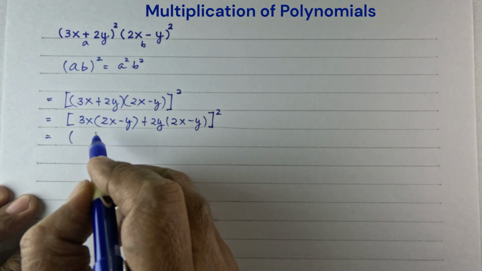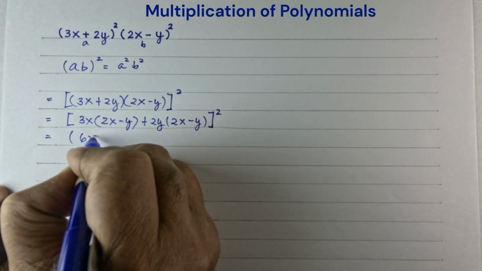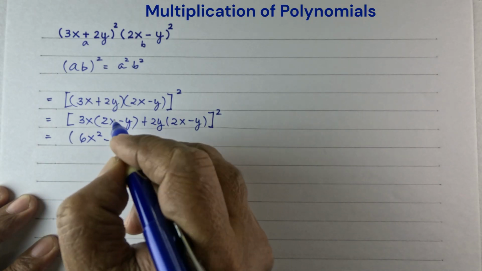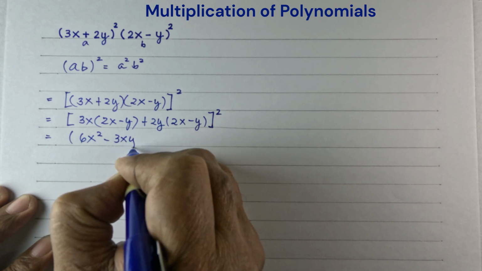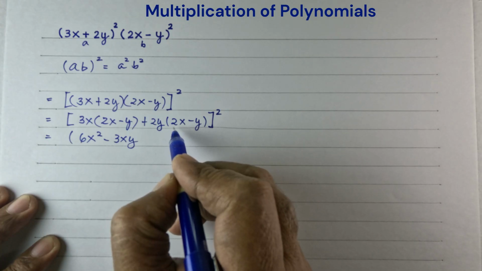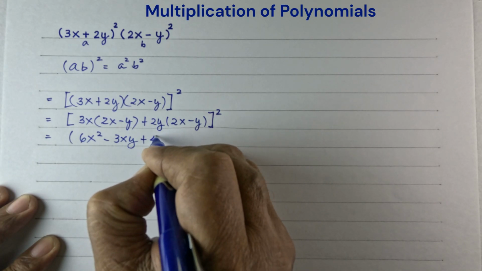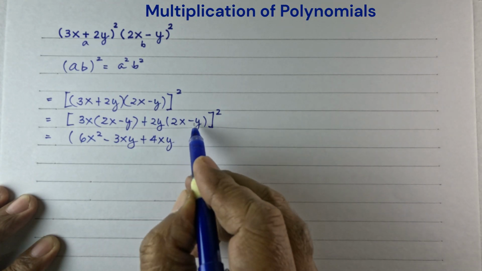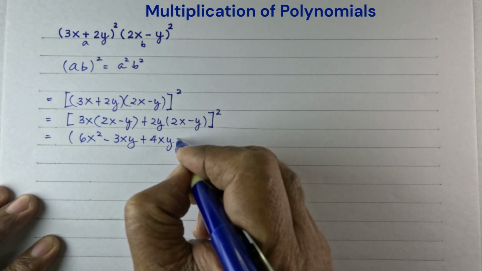3x times 2x is 6x squared. 3x times minus y is minus 3xy. 2y times 2x is plus 4xy. 2y times minus y is minus 2y squared.